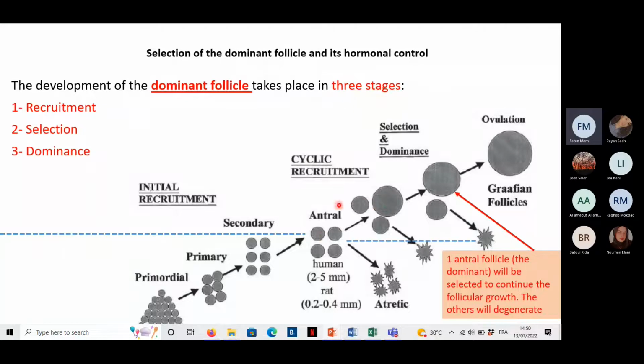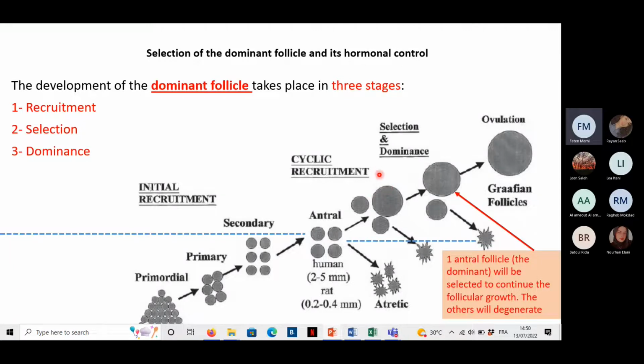And that's why those antral follicles, which can respond to the FSH, once recruited, started to increase in size under the action of FSH. Okay, they started to develop under the action of FSH to become bigger. So the development of those follicles is dependent on the action of FSH.